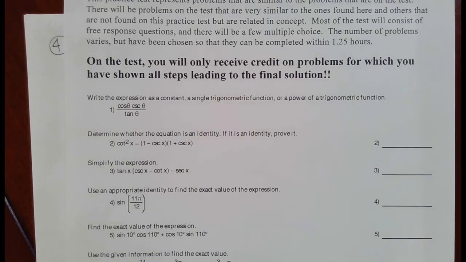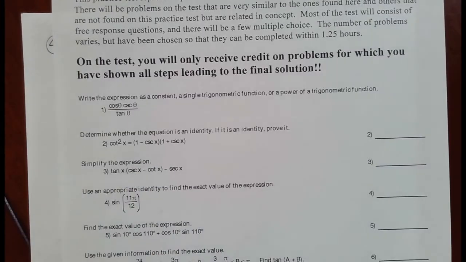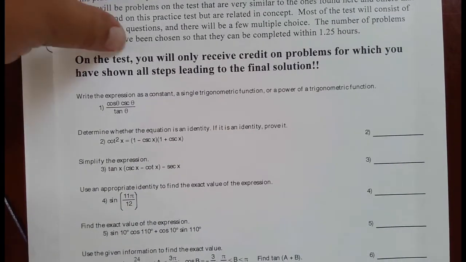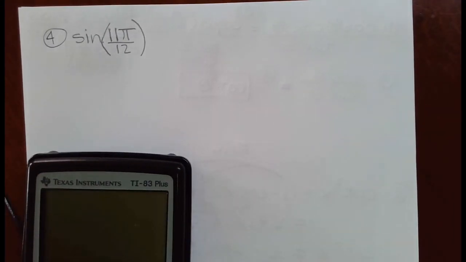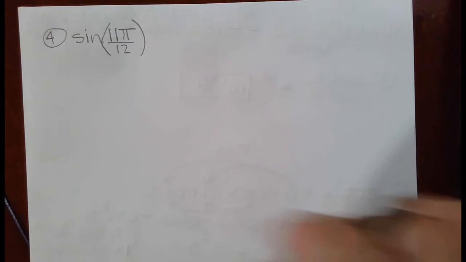Okay, so 11 times 180 divided by 12, that would be 165. I think you should start by doing that. You're welcome to leave it in radian form, but it'll probably just be harder for you.